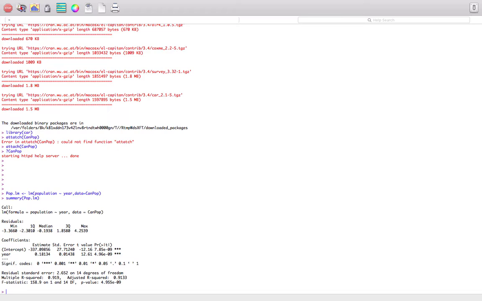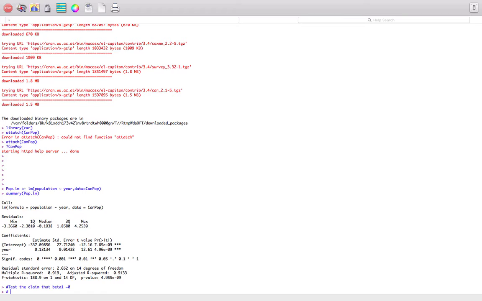So let's think about the questions that I typically ask. So I might say, test the claim that beta equals 0. Should say beta 1 equals 0.